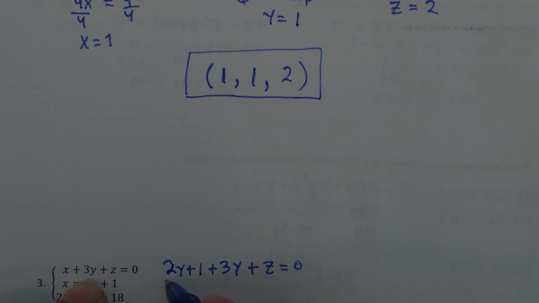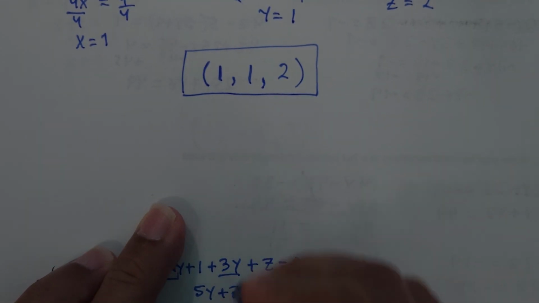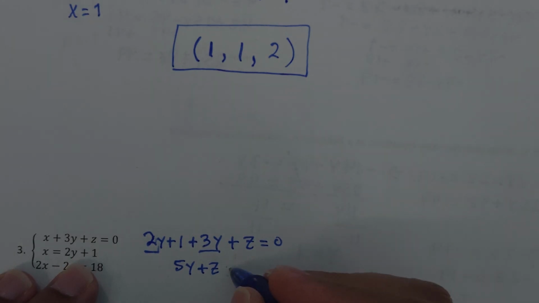Then I'm going to simplify by combining like terms. 2y and 3y combine to 5y, and then plus z equals, sorry, not yet. Let me not jump the gun. So plus 1 equals 0. I'm going to subtract 1. So then 5y plus z equals negative 1.